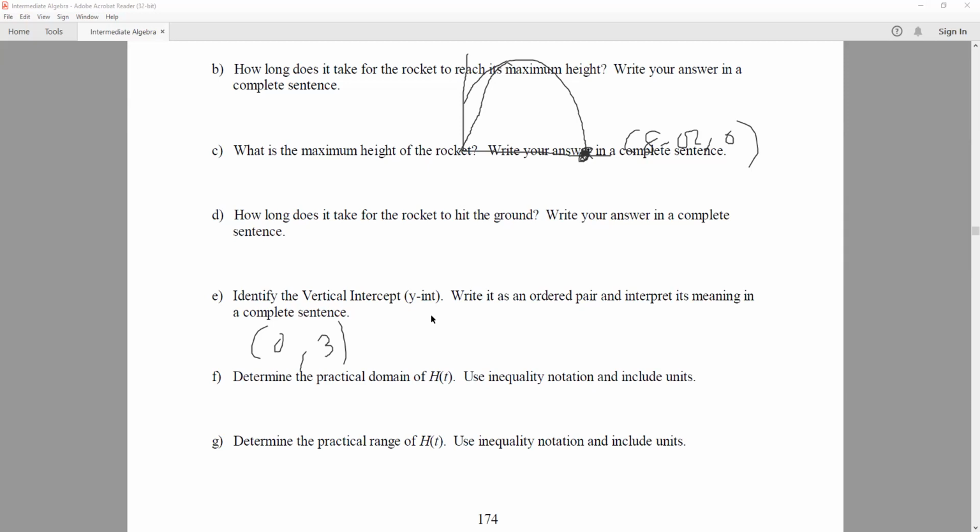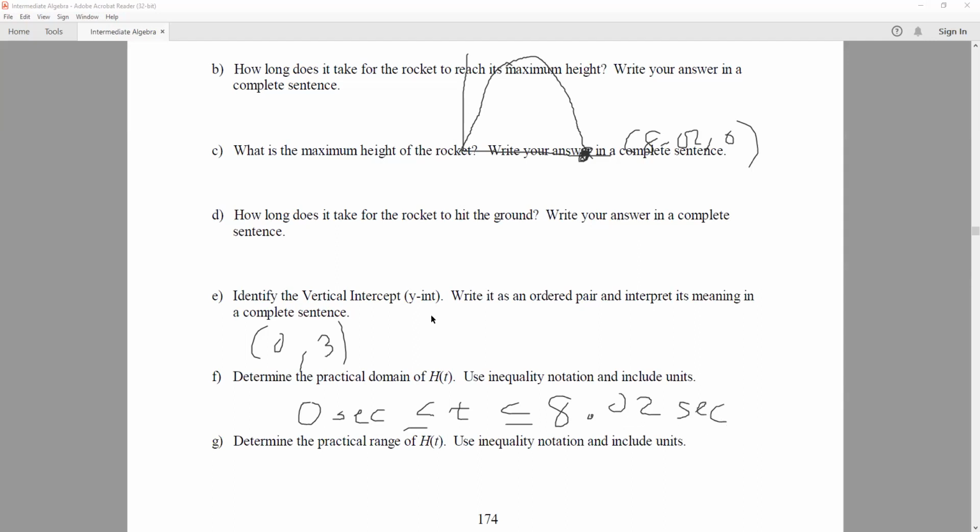All right. What is the practical domain? Now I have my graph here. So the practical domain, remember we're going from 0 seconds to 8.02 seconds.